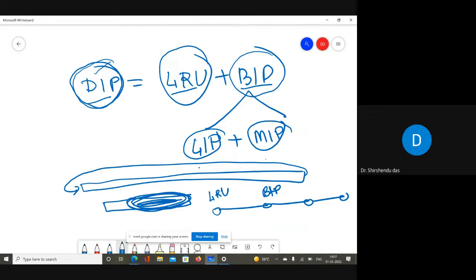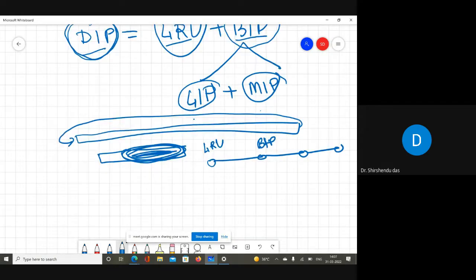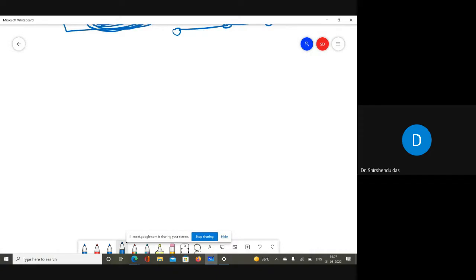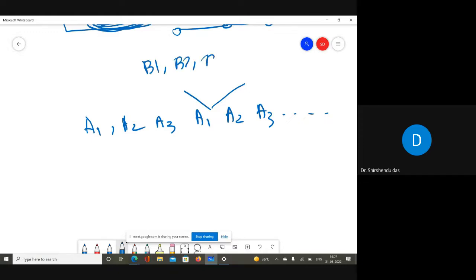For example, if there is a trace like this, suppose A1, A2, A3, and then again A1, A2, A3. So it is a cache friendly application, right? It is repeating. But suddenly, if B1, B2, B3, up to B20, this type of trace occurs in between A1 and A2, then this is a scanning application.